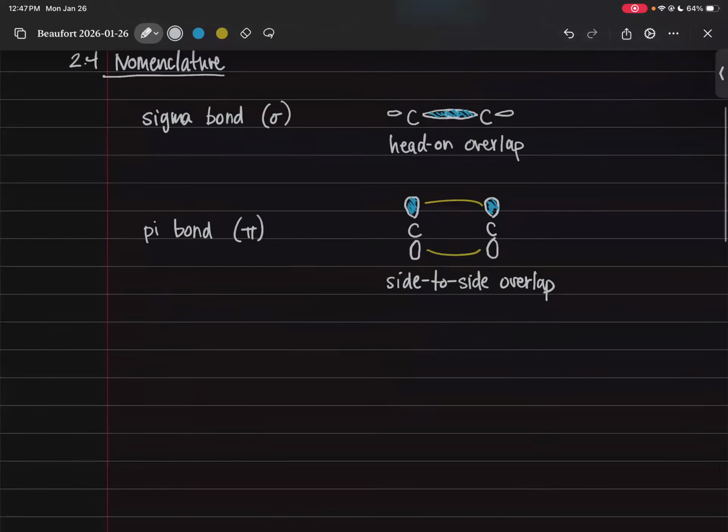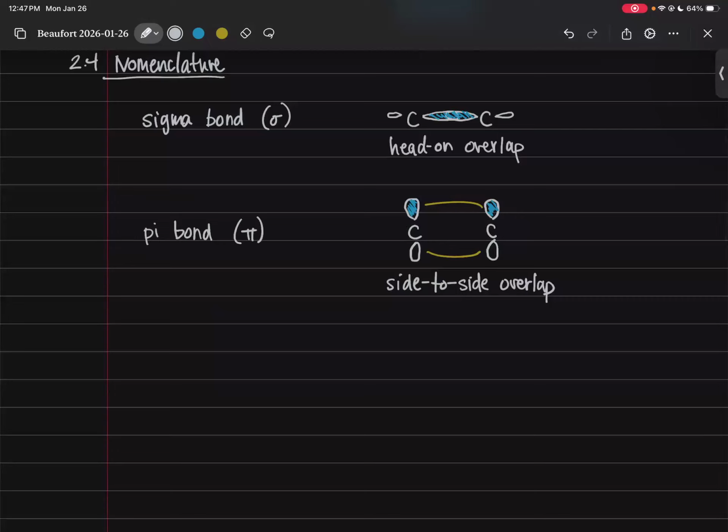All right. So we have sigma bonds and pi bonds, but we also have single bonds, double bonds, and triple bonds. How do those relate to sigma and pi?